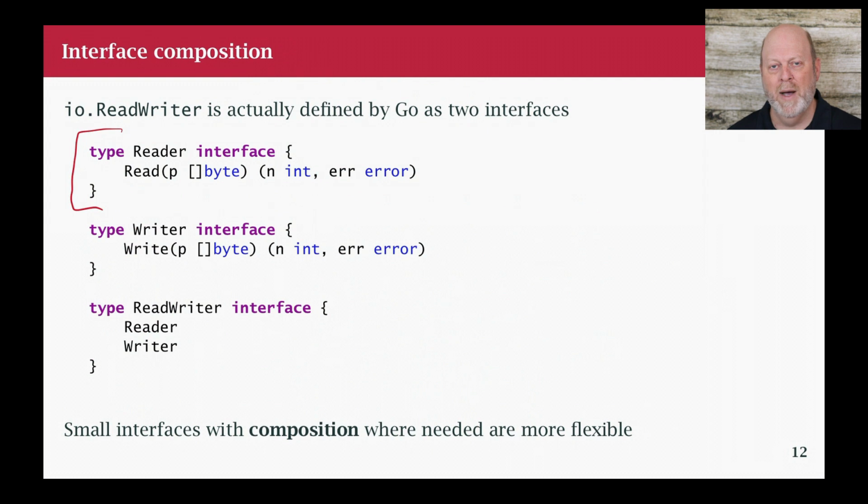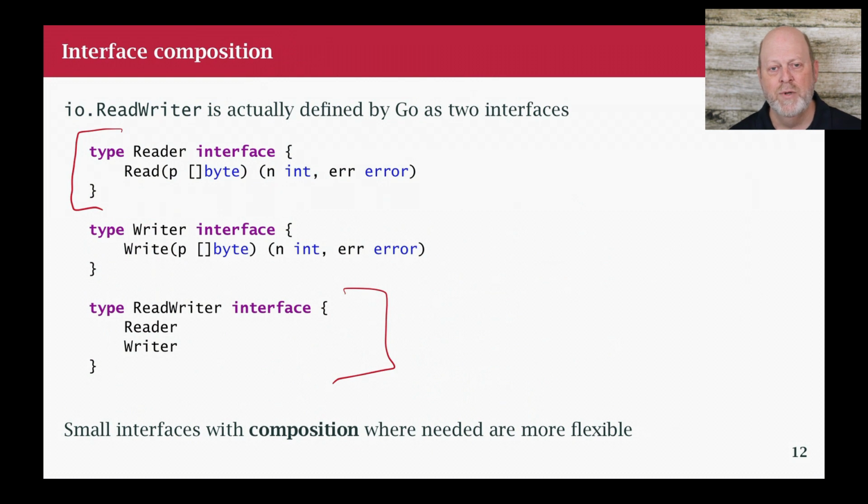And we can actually combine them. So I have a Reader type, I have a Writer type, those are two interfaces. I can define the ReadWriter interface. Instead of listing out the methods in detail, I can simply say it's the composition of the Reader interface with whatever methods it has and the Writer interface. Just add them together.